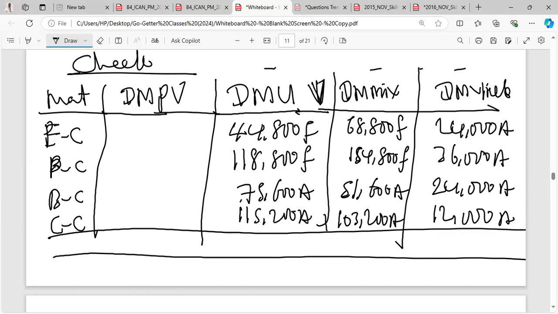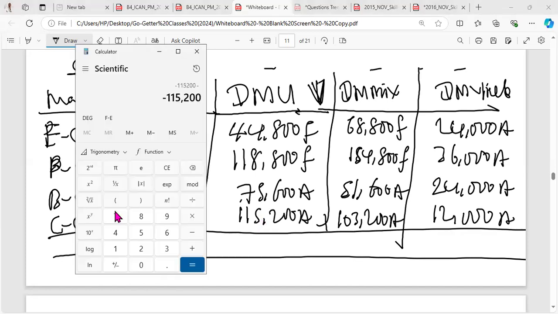So let's get the total: 115,200 adverse minus 75,600 adverse, plus 118,800 favorable, plus 44,800 favorable. That gives me 27,200 adverse.